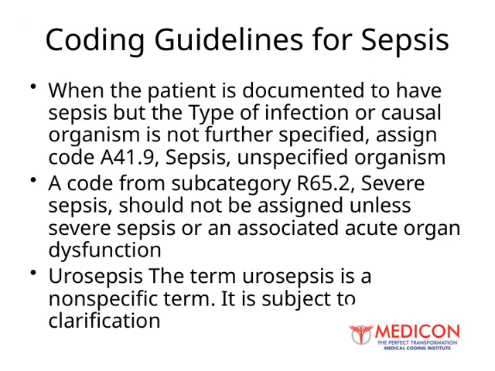That means we need to be cautious and seek clarification if possible. Proper documentation is key to accurate coding, especially when it comes to terms like urosepsis that can be somewhat vague. Overall, these guidelines help us communicate clearly and accurately about the patient's condition, supporting proper treatment and billing.